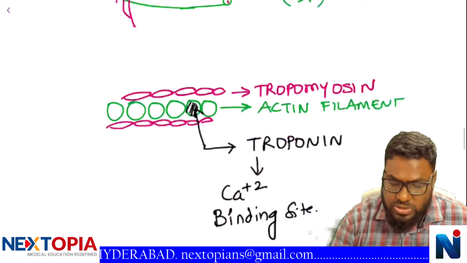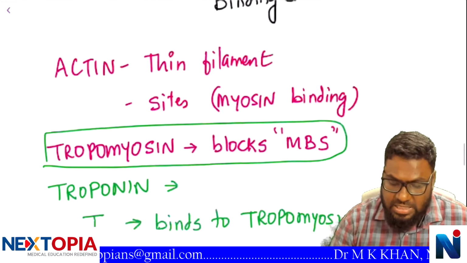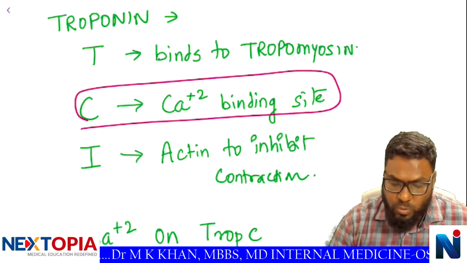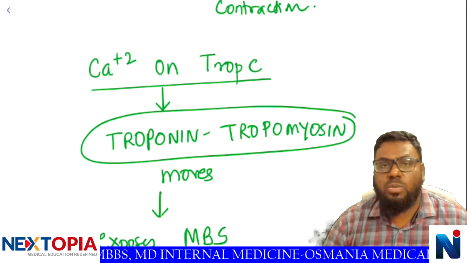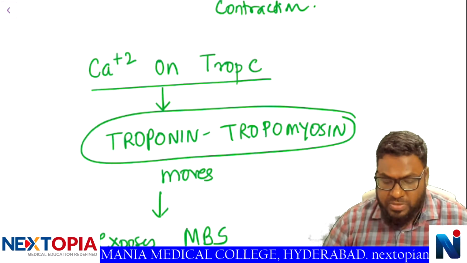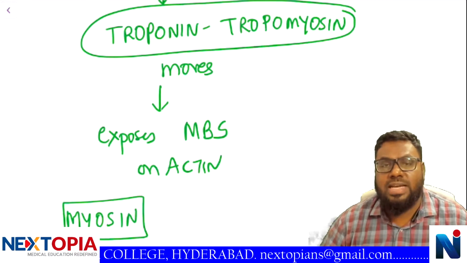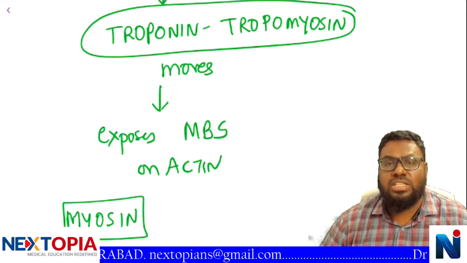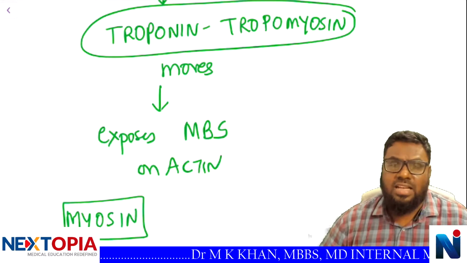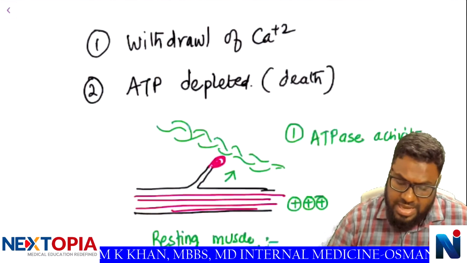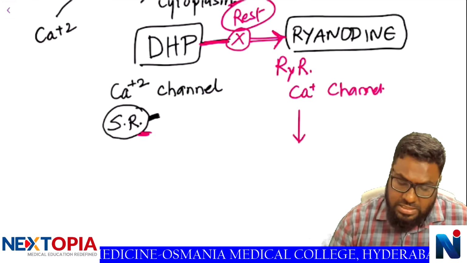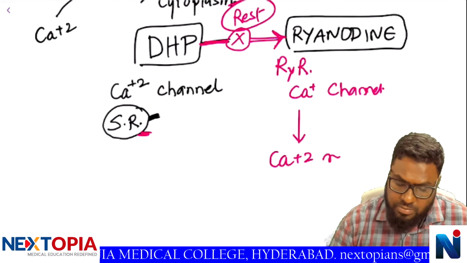Once the calcium diffuses into the cytoplasm, it binds to troponin C. Once it binds to troponin C, the troponin-tropomyosin complex moves and exposes the myosin binding site. There is a rise of cytosolic calcium. This opens up the ryanodine receptor channels and thus calcium is released into the cytoplasm.